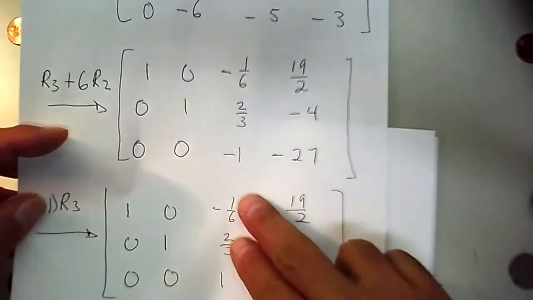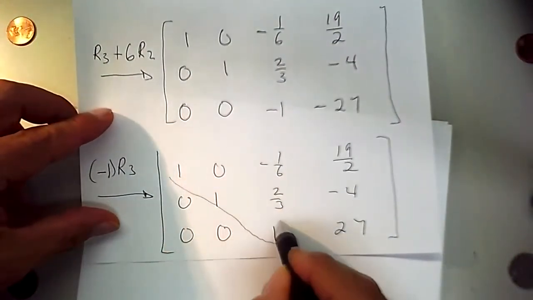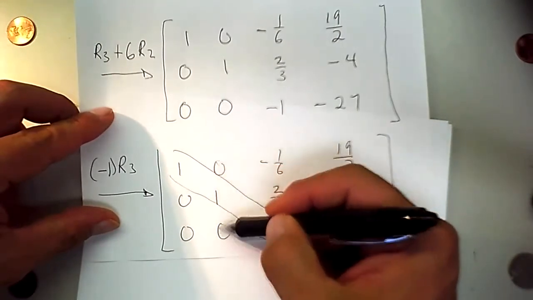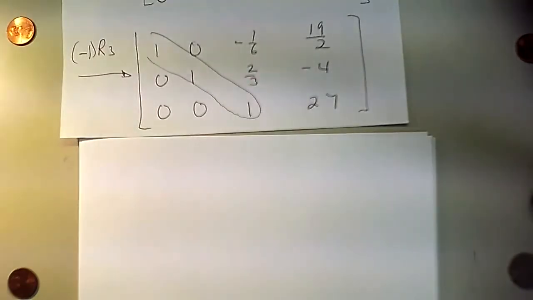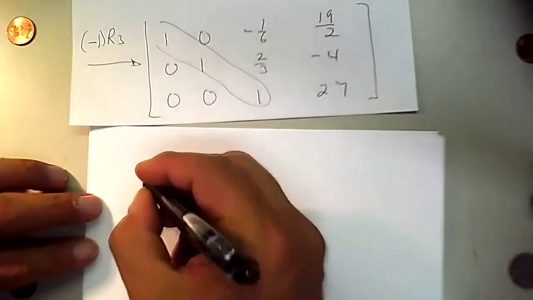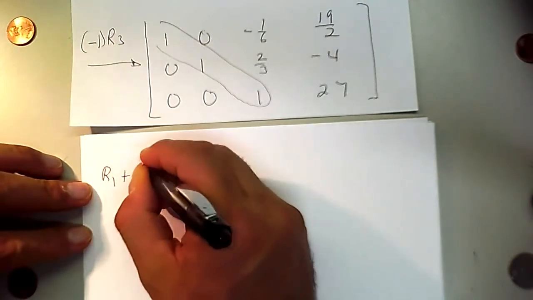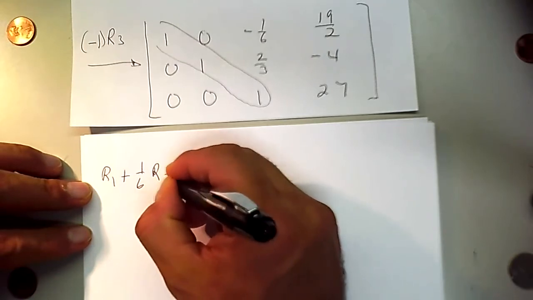Now we want to wipe those 2 off. So we have a nice diagonal of 1s, 0s either below or above the 1s. So how do we get rid of that guy? Row 1 plus 1/6 of row 3.